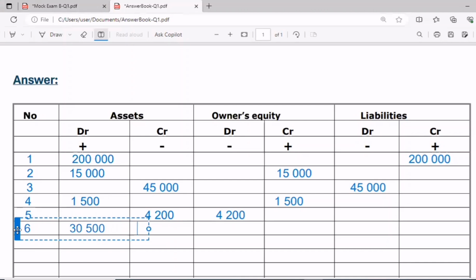Then bank is an asset account and it is getting reduced because we are making the payment to the supplier of the furniture. So we're gonna credit bank for how much? 3,500. So guys, this is how we treat this transaction.